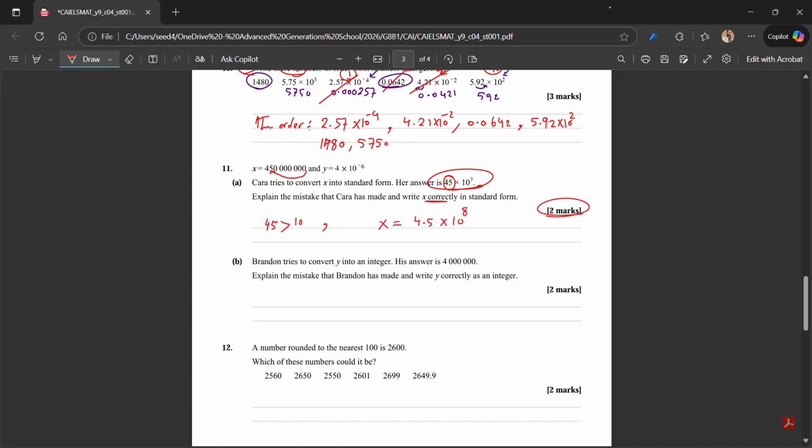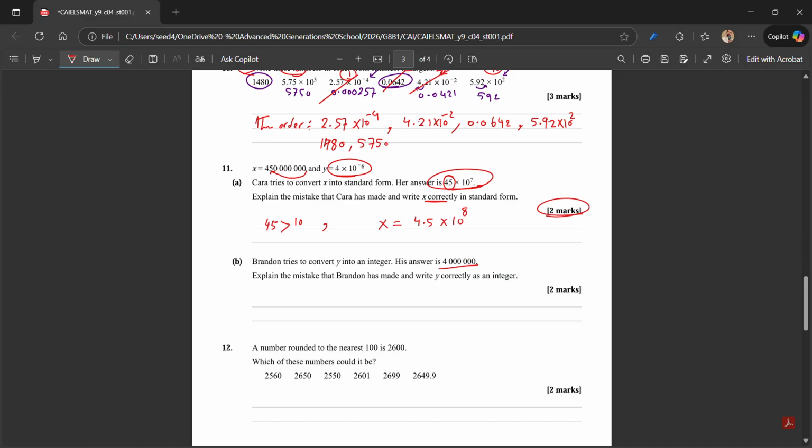Here he said also y. Someone started to convert y into an integer, and he wrote 4 million. Explain the mistake that has been made and write y correctly. Also here, same, guys, the power is negative.